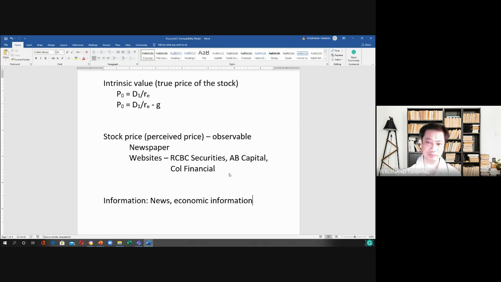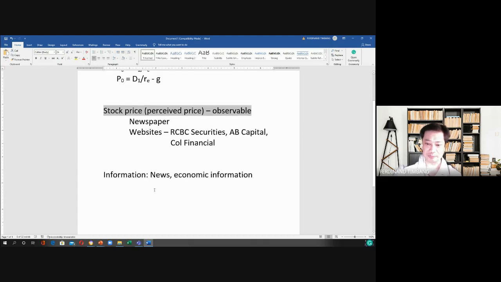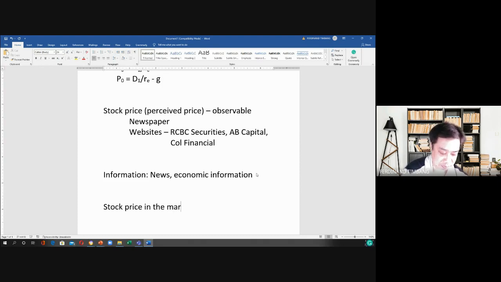But anyway, the difference between the intrinsic value and the stock price will help us determine if the stock is undervalued or overvalued. So for example, let's say the stock price in the market is, let's say, 20 pesos.